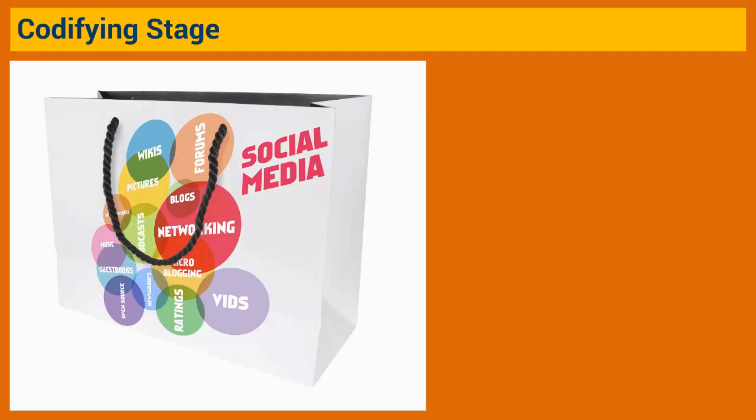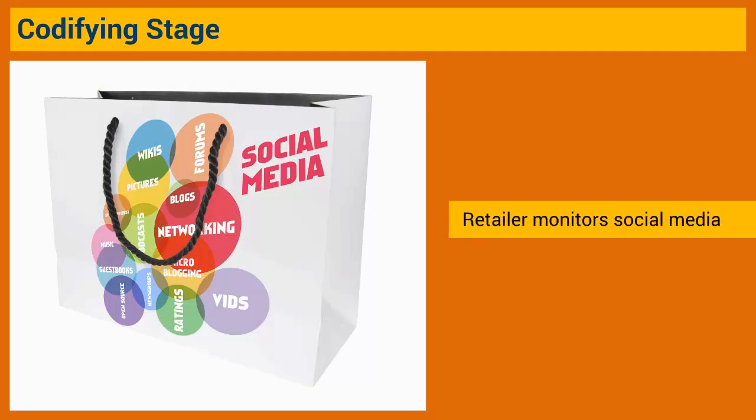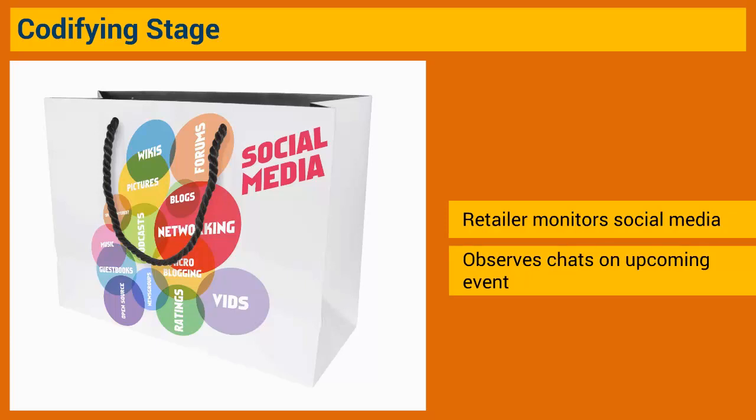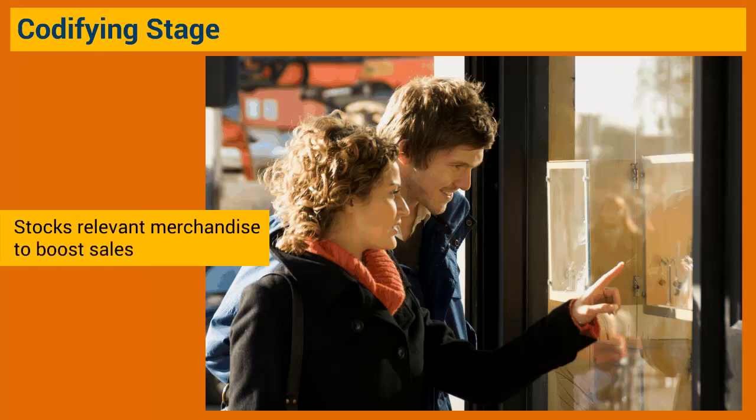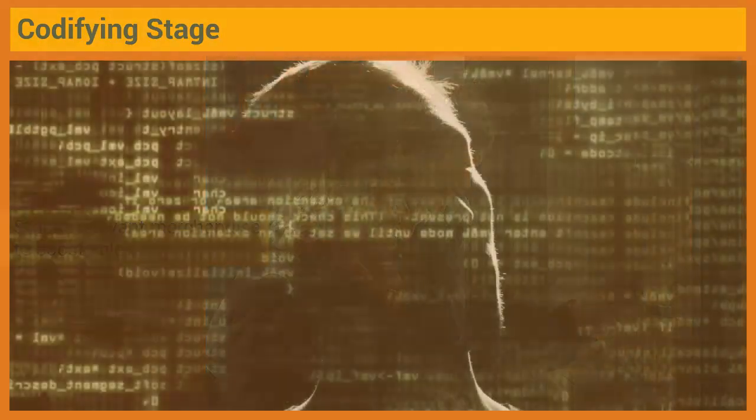For example, a retailer who monitors social media identifies a lot of chatter about an upcoming college sports event near one of its stores. With this new information and insight, the retailer can set up a process to take quick action and stock the local store with suitable merchandise that can boost sales.